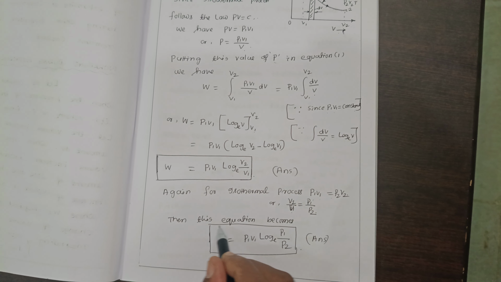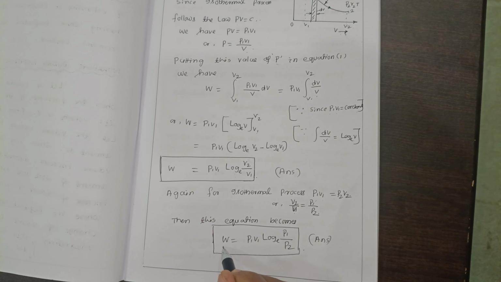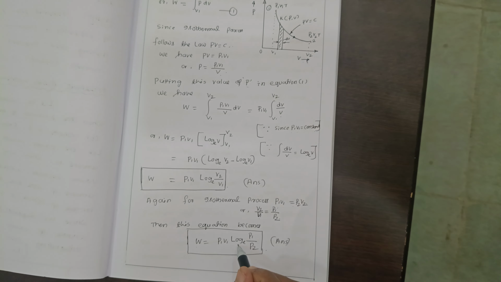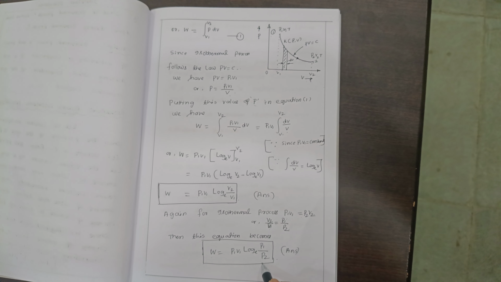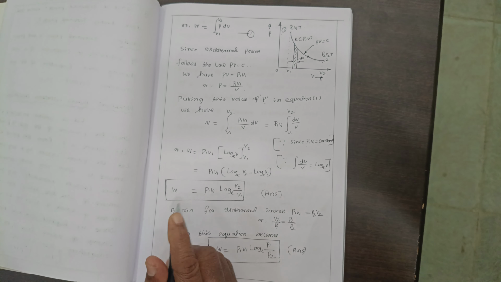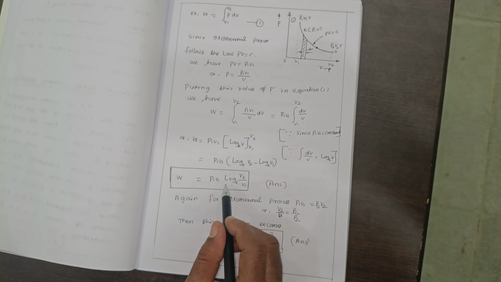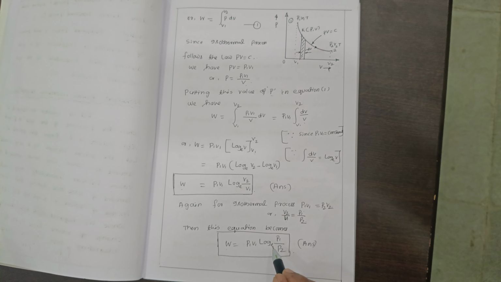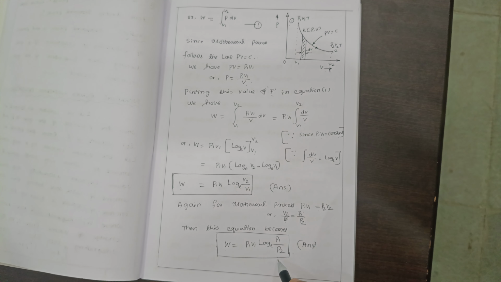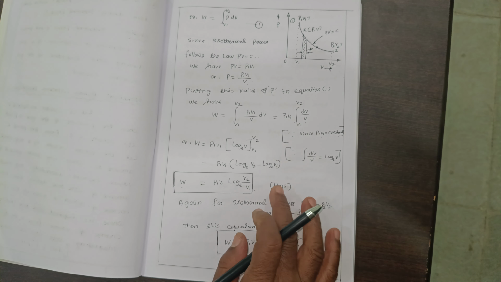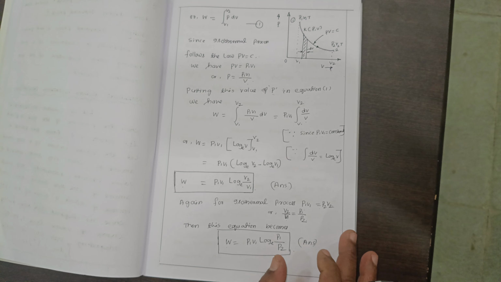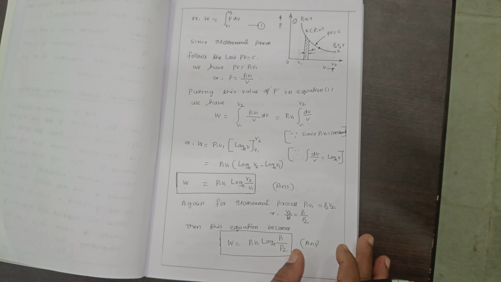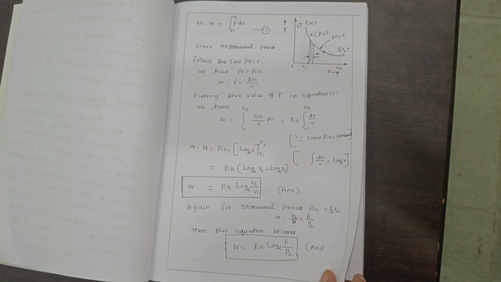Then this equation becomes W is equal to P1V1 log P1 by P2. So W is equal to P1V1 log V2 by V1 or W is equal to P1V1 log P1 by P2. These two terms are the derivation of work done during isothermal process.